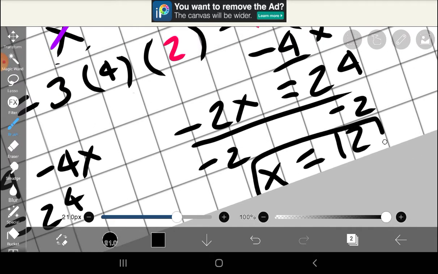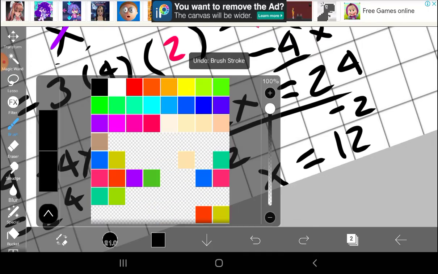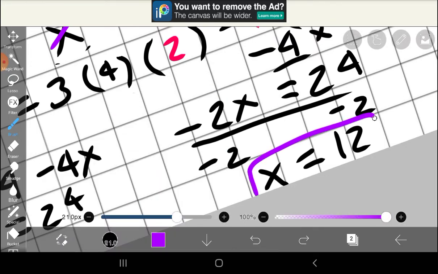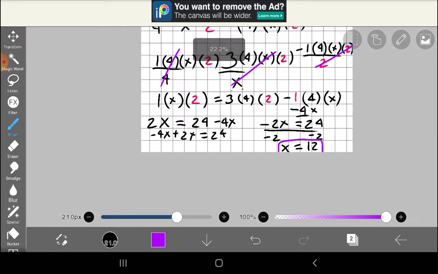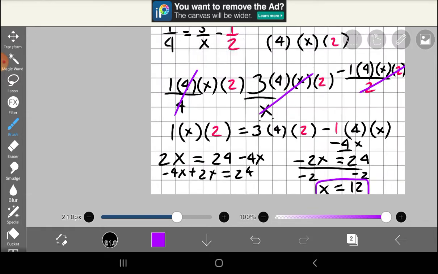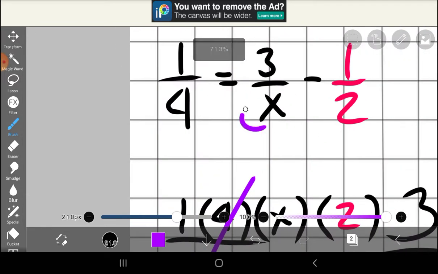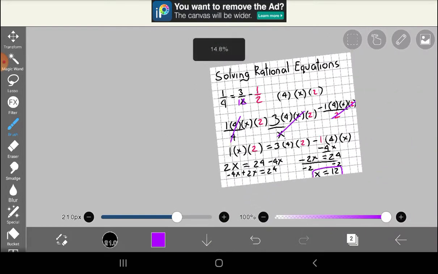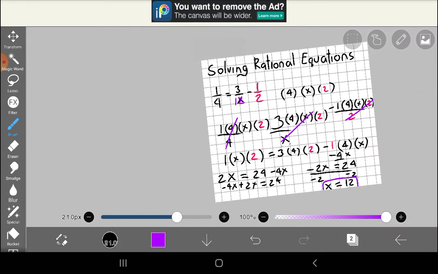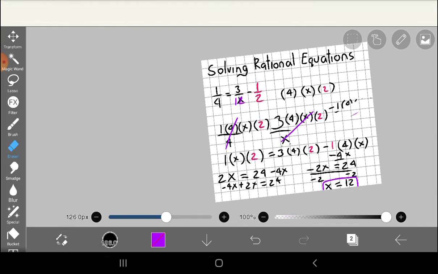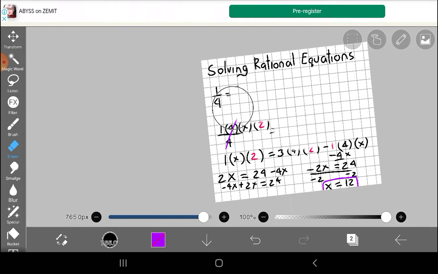So here's the final answer. x is equal to negative 12. That means this missing x term is negative 12. That's how you solve a rational equation. Now I'll give you more examples.